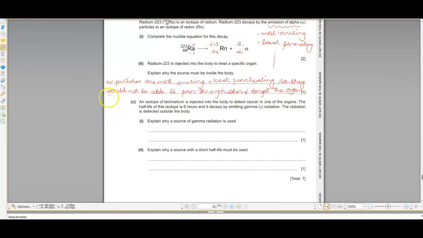So they have to act from inside the body.